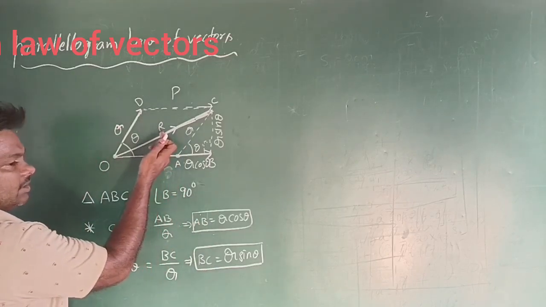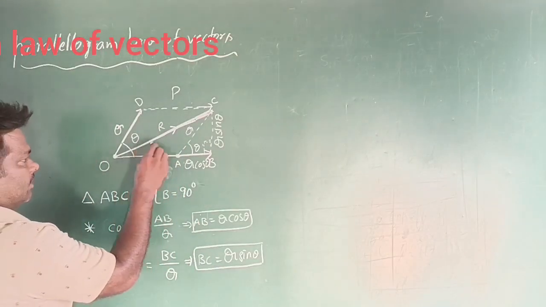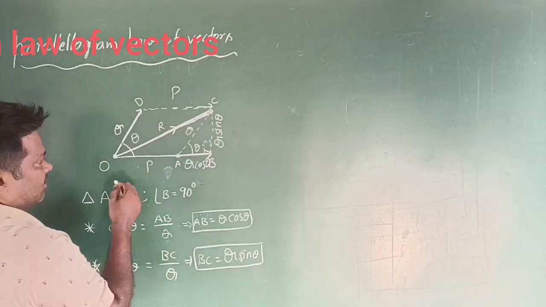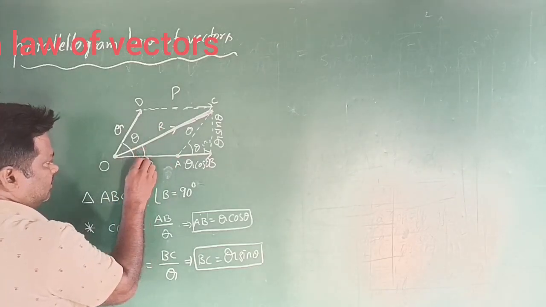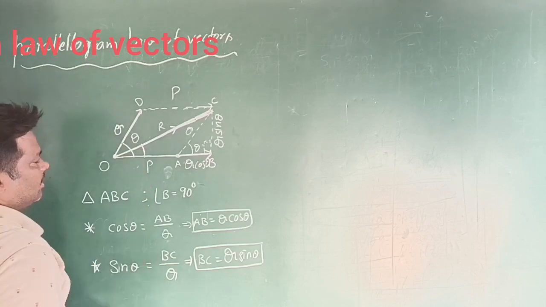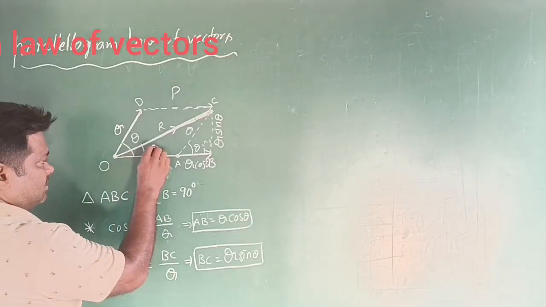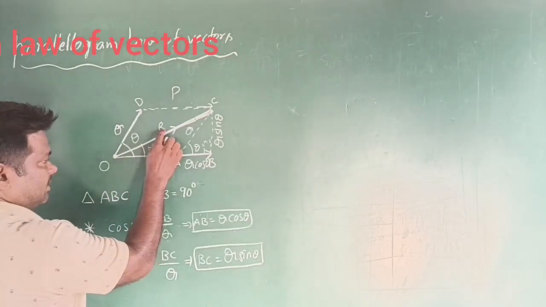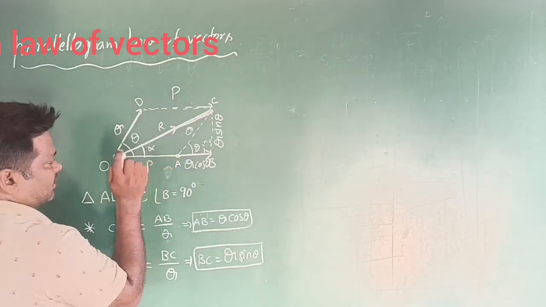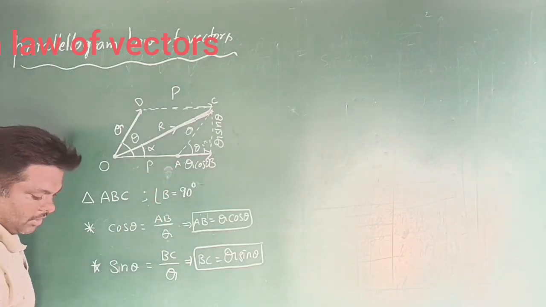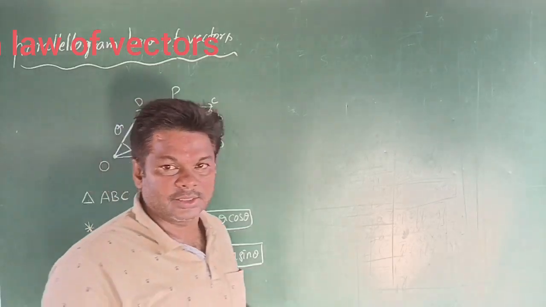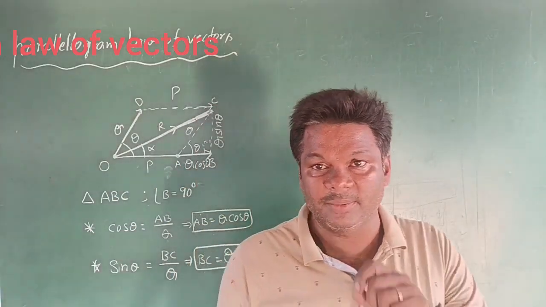What angle does the resultant make? Look here. The angle made by the resultant with the first vector is alpha. This is alpha. If you know this concept, then only you can proceed with the remaining problems.